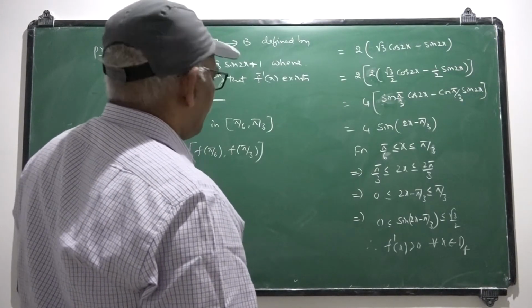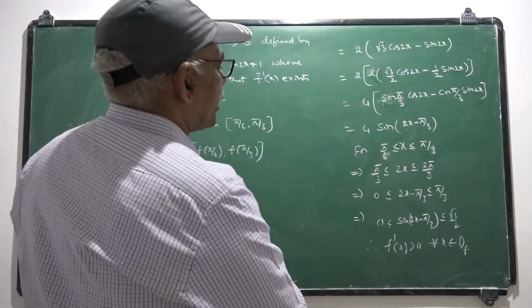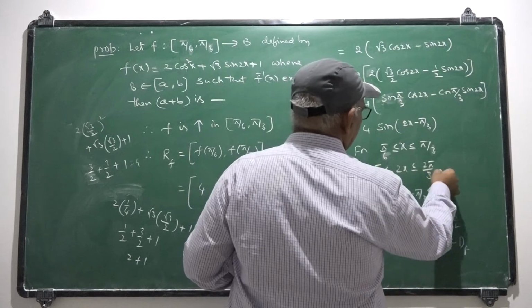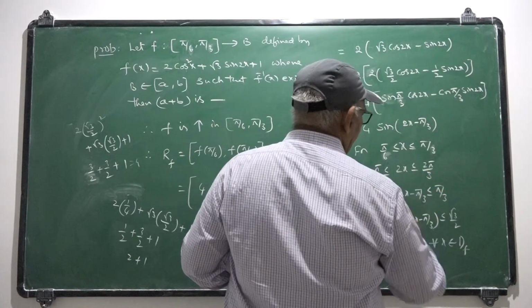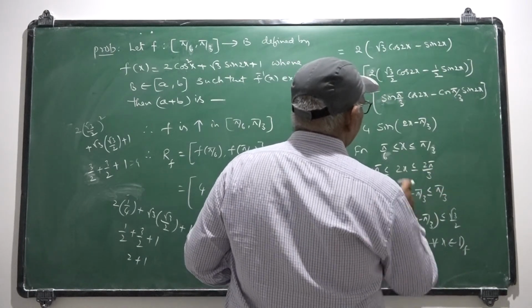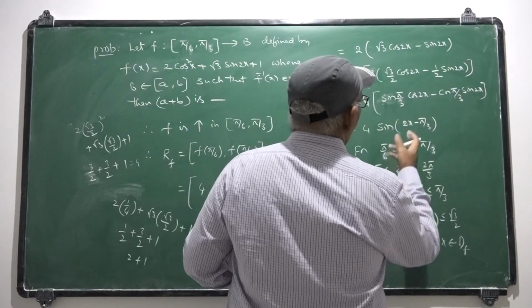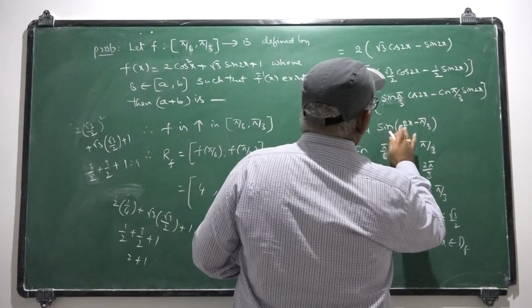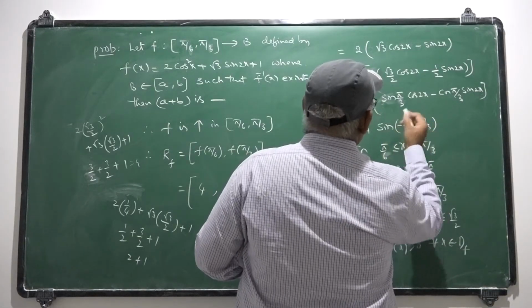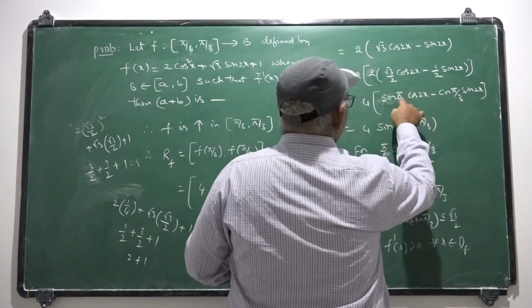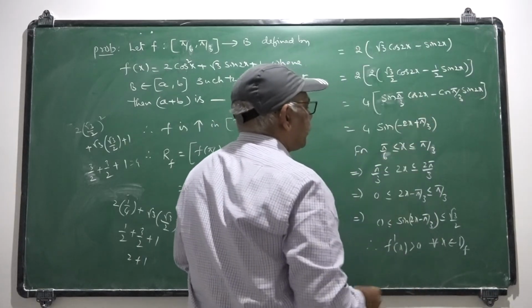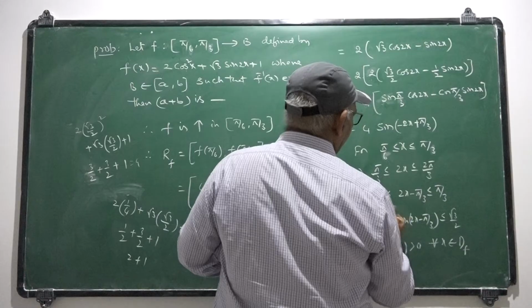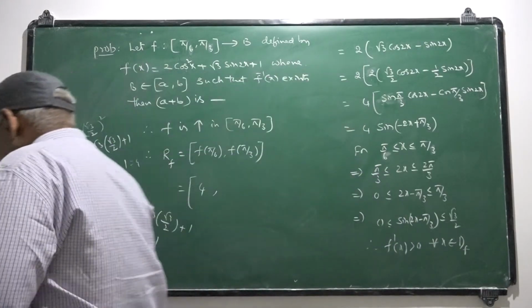Hence f dash x lies between 2x minus pi by 3. Sine of a minus b, this is a and this is b. Hence this one is minus sine 2x.